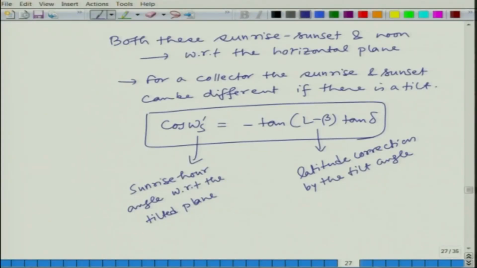This formula has been used to obtain the sunrise hour angle for a tilted plane as well.